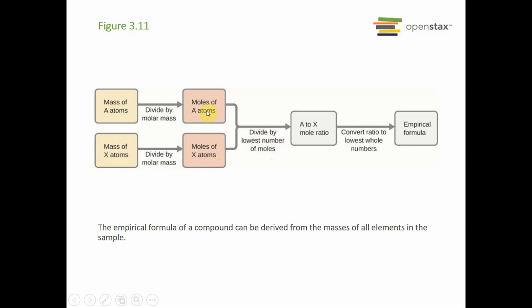We pick out which is the lowest of A or X moles, and we divide both this and this by that same lowest number, and we get a ratio of A to X atoms. And then we look at that and say, are they whole numbers? If they're not, we have to convert the ratio to the lowest set of whole numbers by multiplying everything through by a single number, and that becomes the empirical formula.